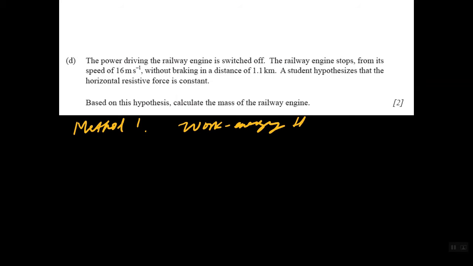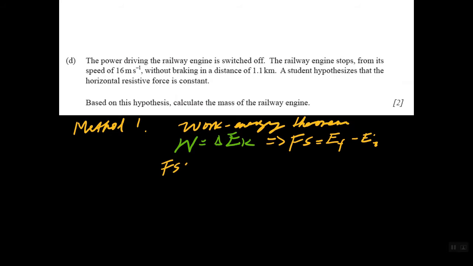Work-energy theorem. That is, work done equals the change in kinetic energy. And work done is force times the distance in the direction of the force, equal to final kinetic energy minus initial kinetic energy. Force times the distance in the direction of the force is F times S times cosine theta, equal to final kinetic energy minus initial kinetic energy.